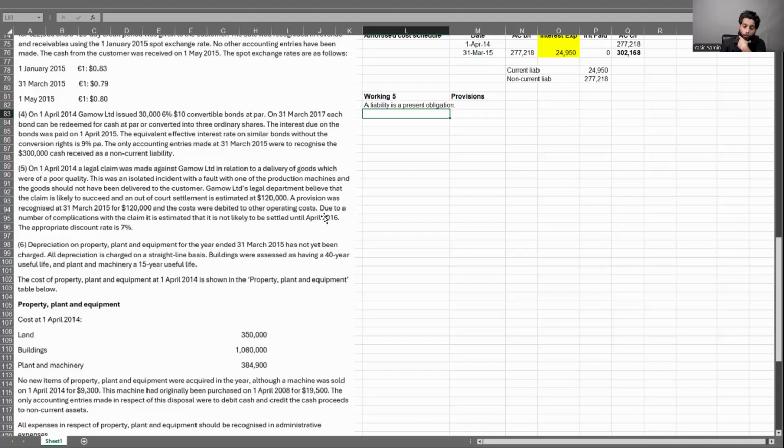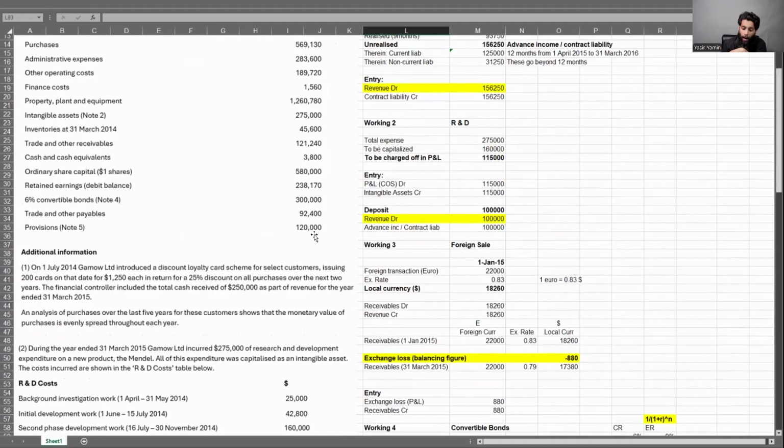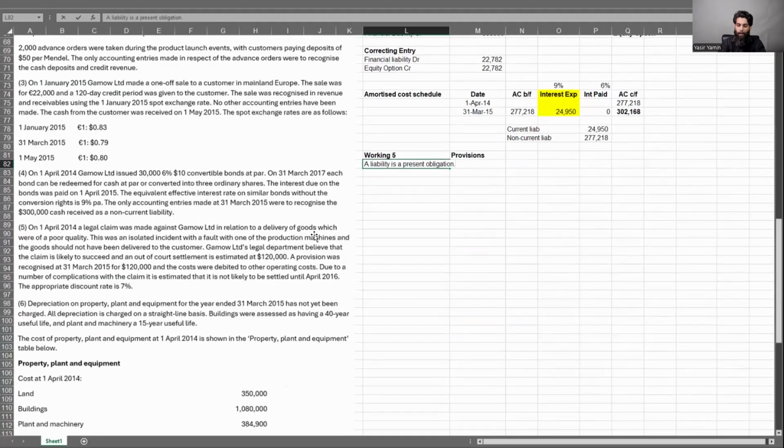Now you have to pay $120,000 not now, but 2 years after. So shouldn't we be calculating present value of cash flows? Your examiner has recognized the entire $120,000 as provision. I say that present value of cash flow should be calculated.